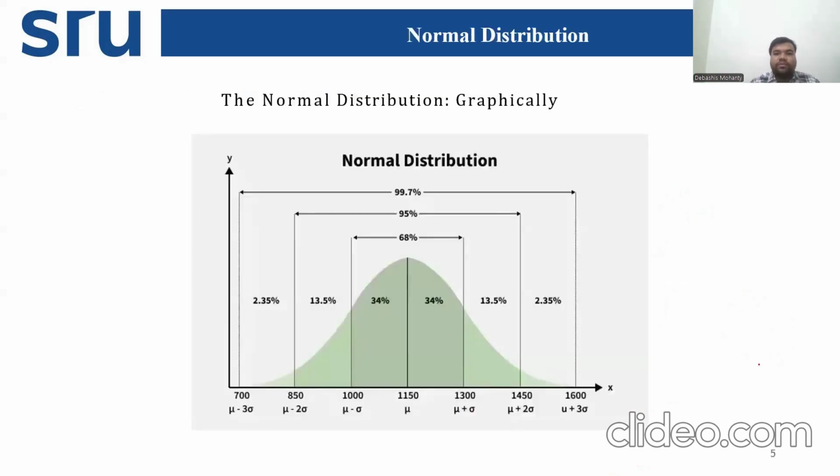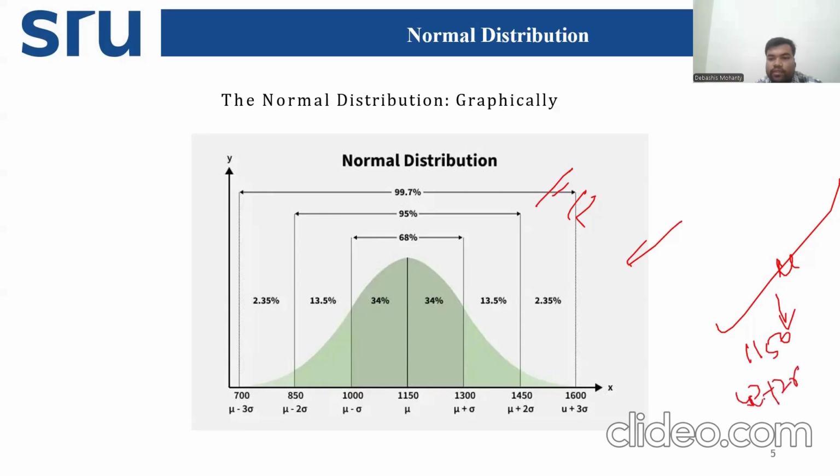Next is the graphical representation of the normal distribution. That is very important, students, because here you can see 68%, 95%, and 99.7%. Here we can see the mean mu, and the variation from mu towards mu plus sigma, mu plus 2 sigma, mu plus 3 sigma, and on the left side mu minus sigma, mu minus 2 sigma, mu minus 3 sigma.